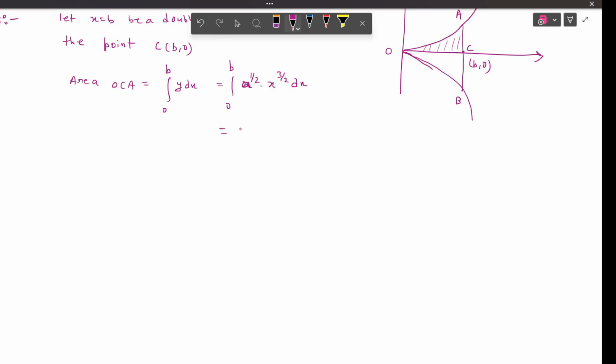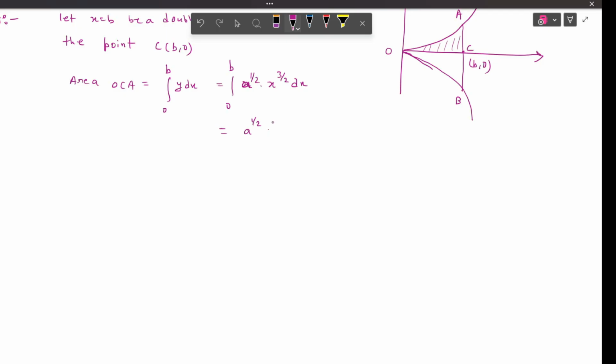And if you solve this, you will get a to the power half, and for x to the power 3 by 2, if you integrate, it will be x to the power 3 by 2 plus 1 by 3 by 2 plus 1. And then you have to put the limit 0 to b. Okay, let us solve.